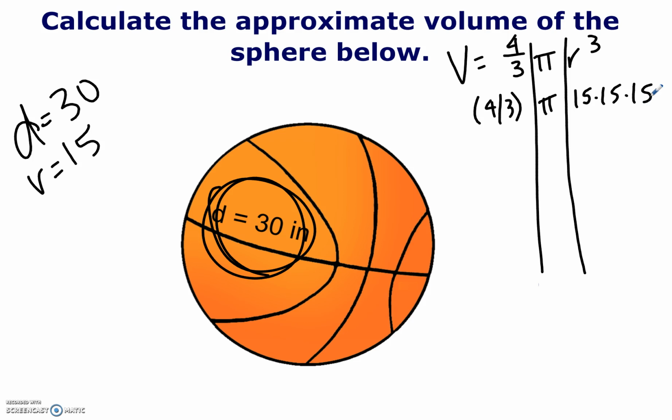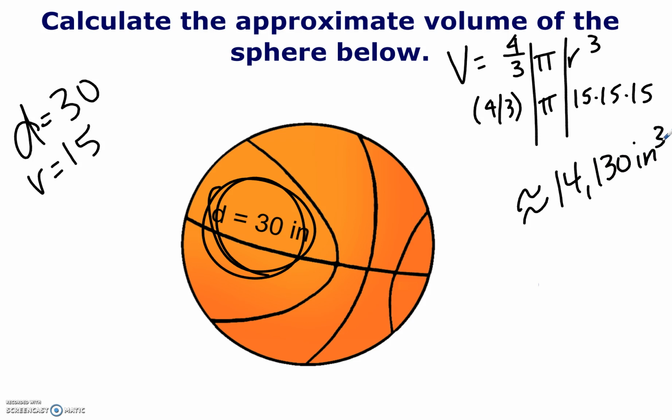If you stick that all in your calculator, you are going to get about 14,130 inches cubed. And like I said, your answer will probably be a little higher because you actually have a pi button and I don't.